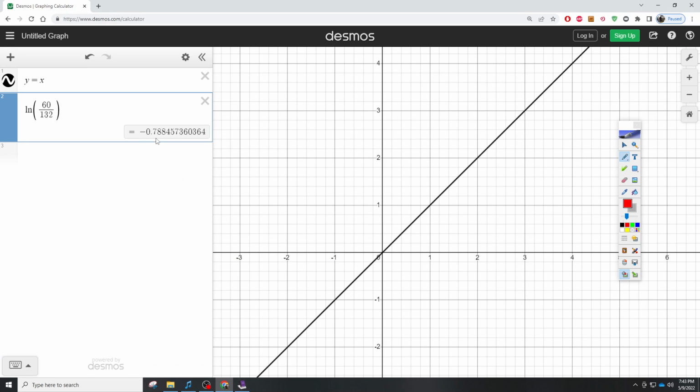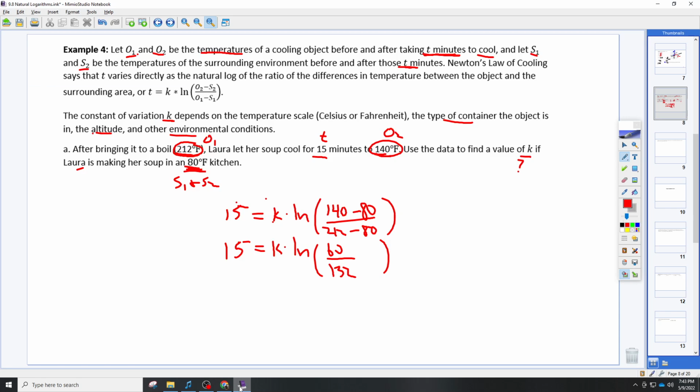Okay, negative 0.7884 is what I'll use. K times negative 0.7884 equals 15. So we have multiplication here. I'm just going to divide by this. I hope I typed it in right. ln 60, yeah, 132. Divide by negative 0.7884.